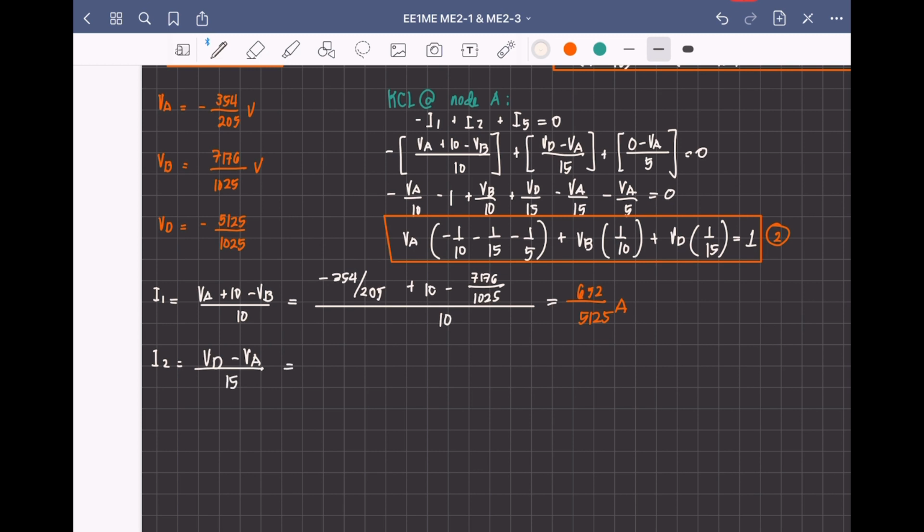Okay, VD is negative 5125 all over 1025 minus VA, which is negative 354 all over 205. All over 205. And then, all divided by 15 ohms. And you'd be able to get I2. And I2 is supposed to be negative 0.2181.